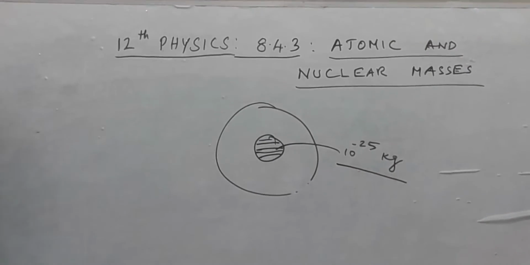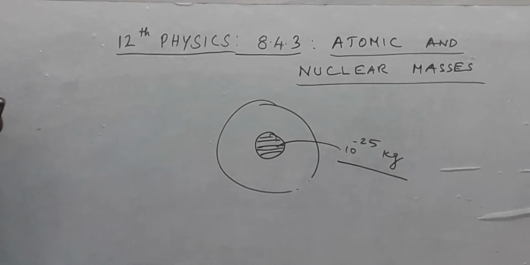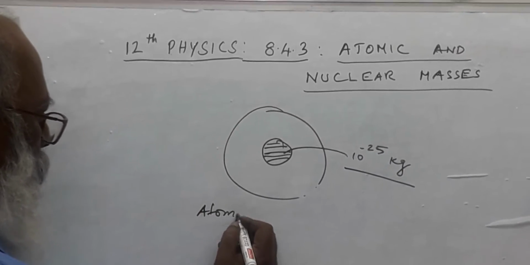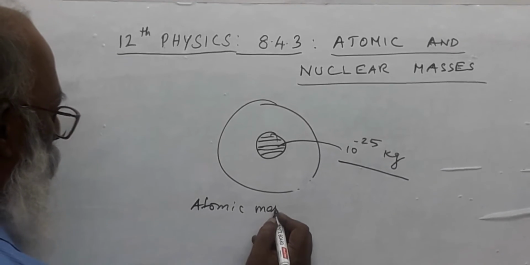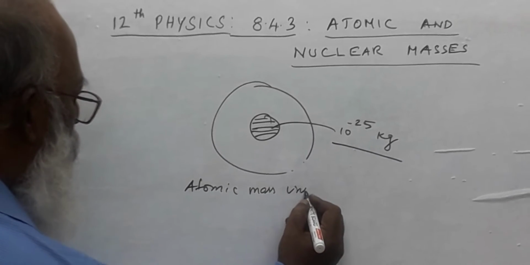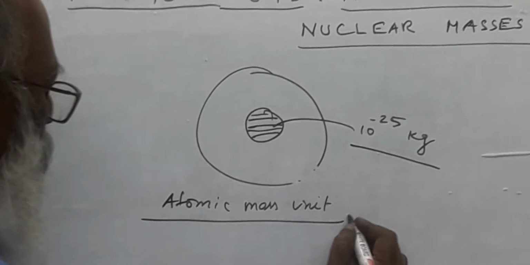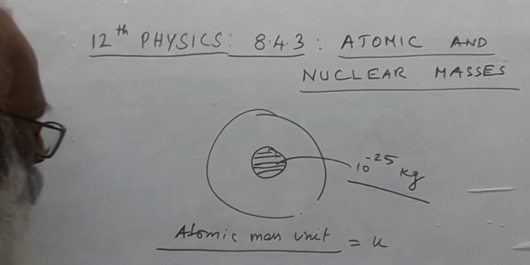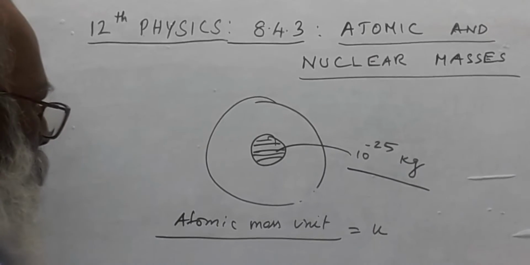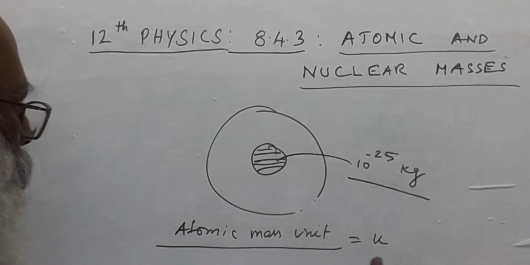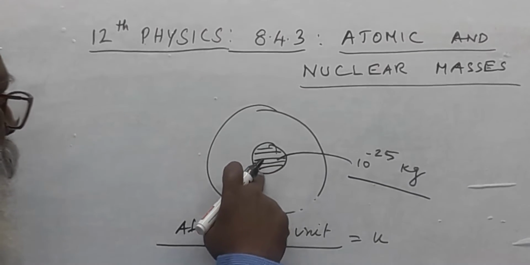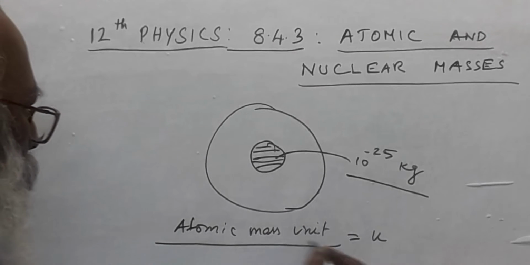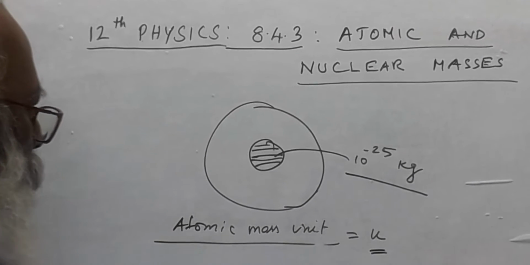That's why we consider a general mass unit, the atomic mass unit, u. We need not bother about kilograms. We have to calculate all the masses, either nucleus masses or atom masses, in the atomic mass unit u.